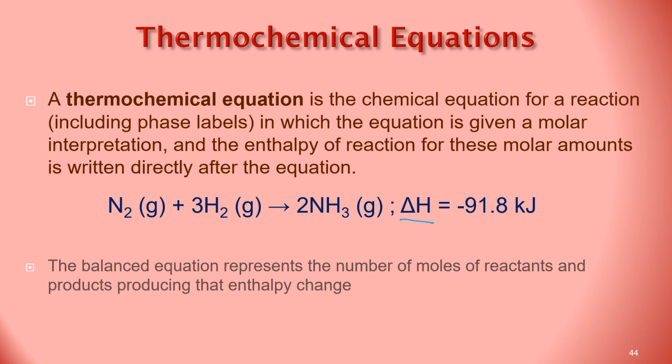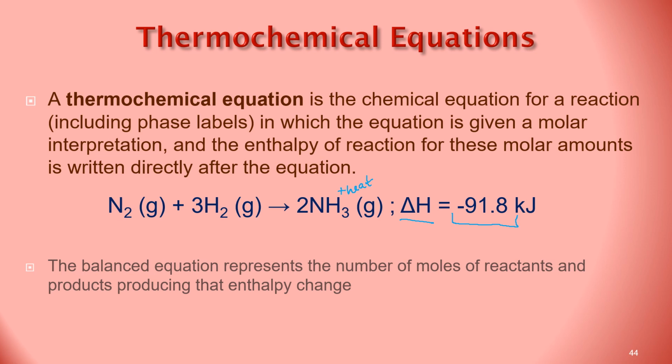In this case, it's negative 91.8 kilojoules. So because it's negative, it tells me that it's exothermic. If it's exothermic, that means heat is a product. If delta H was positive, that would mean endothermic, and that would mean heat was a reactant. But in this case, heat is a product.